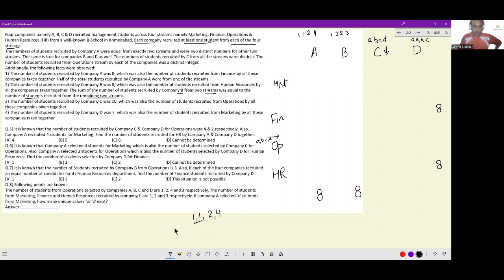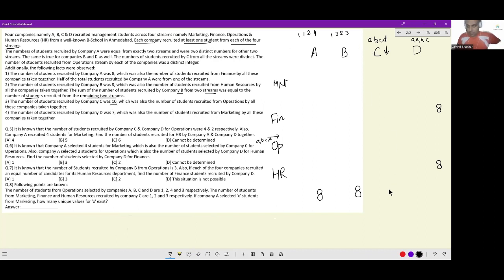The way two numbers add up to 4 can only be 1, 3 or 2, 2 or 3, 1. And you need two identical numbers and two distinct numbers. The only way that grouping can be made is 2, 2, 3, 1. So the distribution of people hired in B is going to be 1, 2, 2, 3. This is known. Next, the number of students recruited by company C was 10.